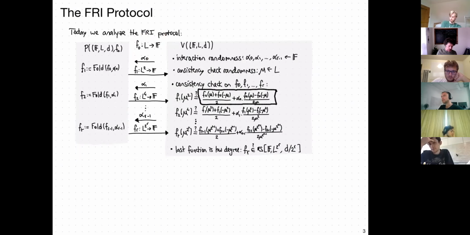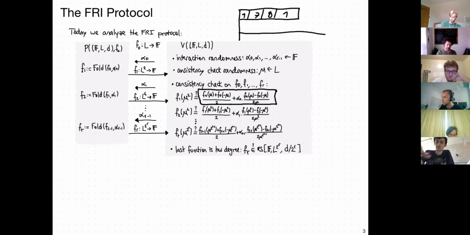Yeah, sure. When we say the Reed-Solomon code, you think about taking some values, let's say 1, 7, 8, 1. That's your message. And now you want to encode it. How do you encode it? You take a univariate polynomial that at 0 takes the value 1, then takes the value 7, then the value 8, and then the value 1.